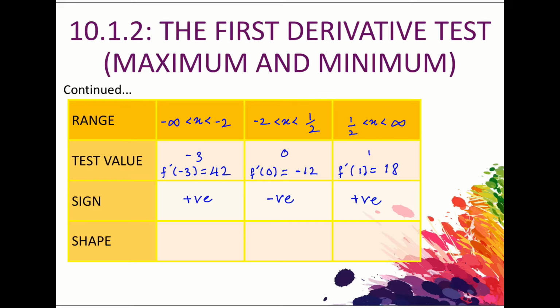Therefore, from all the signs that we have obtained here, we can determine the shape of the graph as it moves from negative infinity to positive infinity values of x. So for the first one, it's inclined to the right, the second one is inclined to the left, and the third one is inclined to the right again.